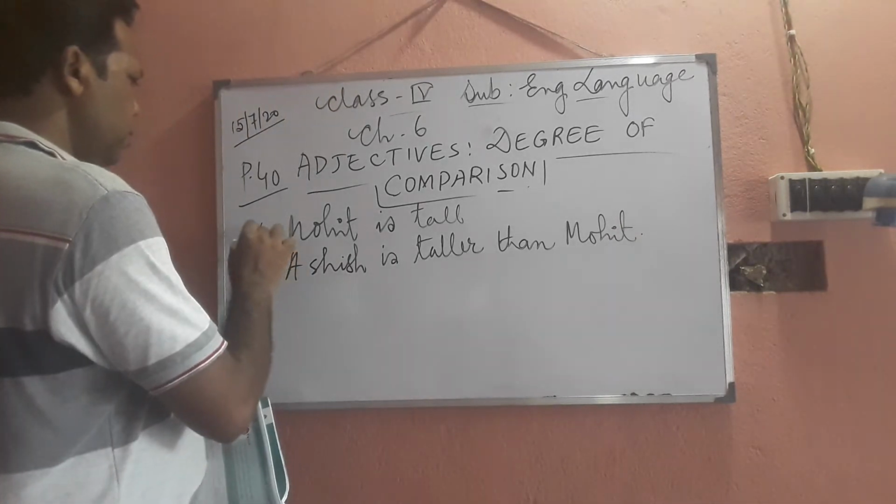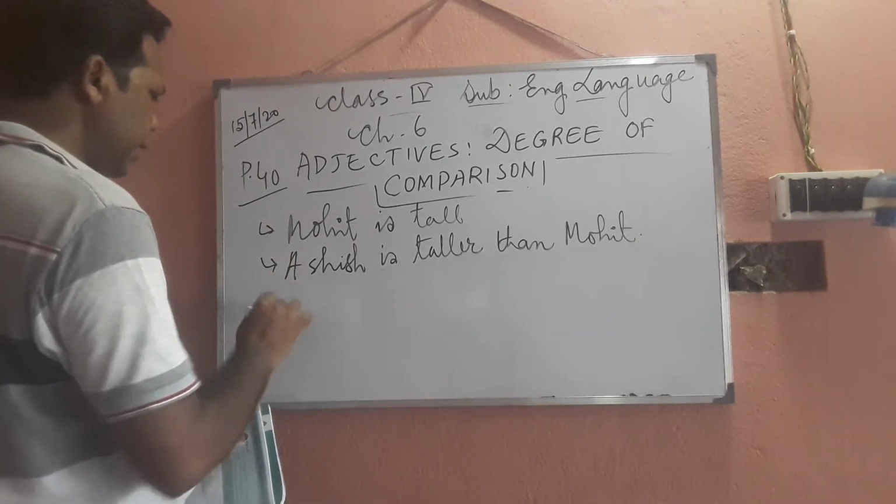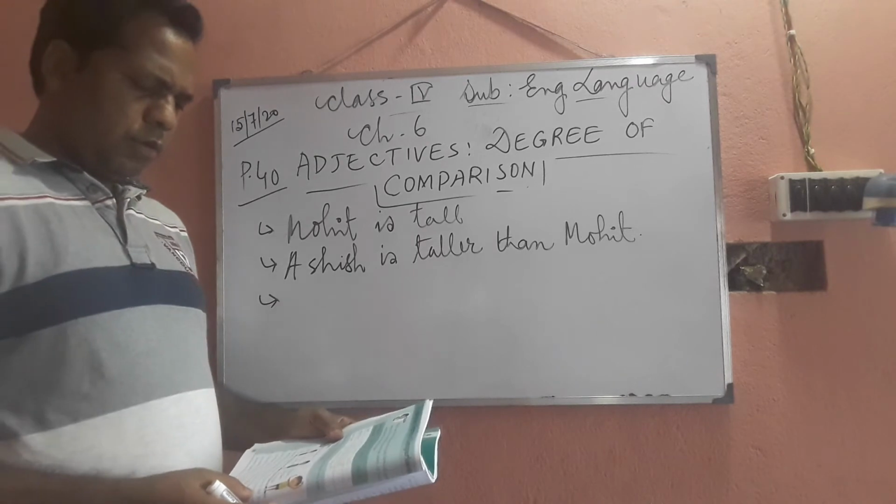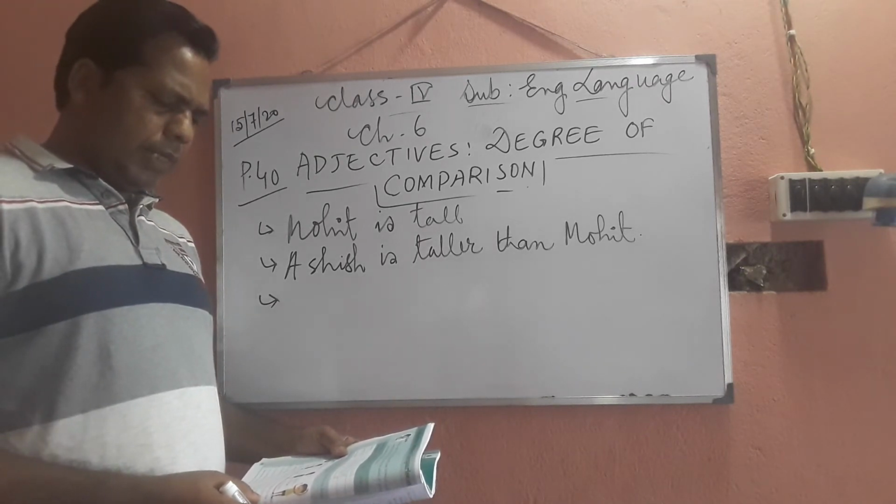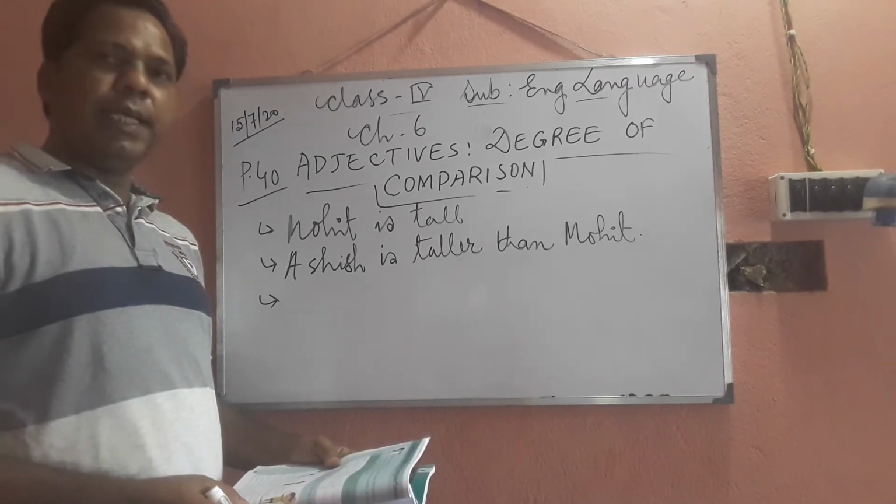Okay. Now the third sentence you see, Saurav is the tallest of the 3.